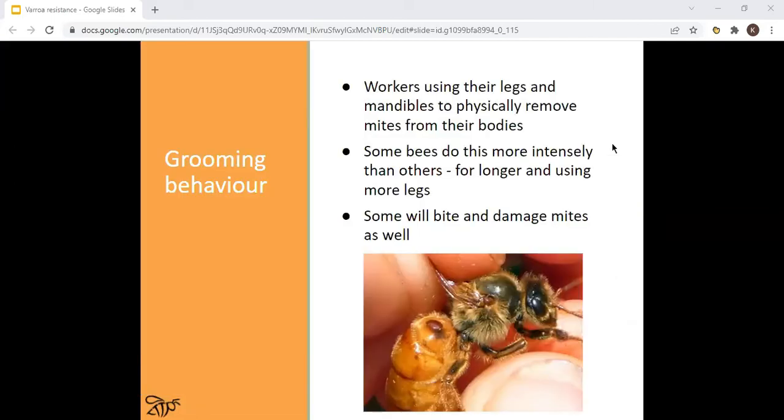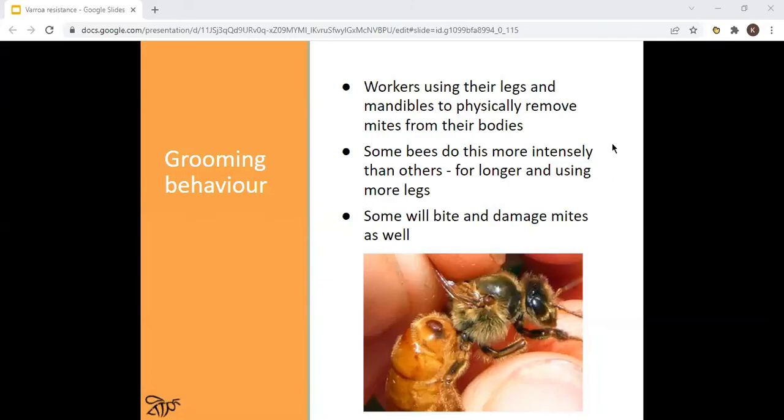So that's VSH and the bundle of VSH mechanisms that go along with it. And now I'm going to move on to another major mechanism of Varroa resistance in honeybees, and that's grooming behavior. Grooming behavior is very much how it sounds. It's the tendency of bees to groom themselves or groom each other, so there's auto grooming or allo grooming.